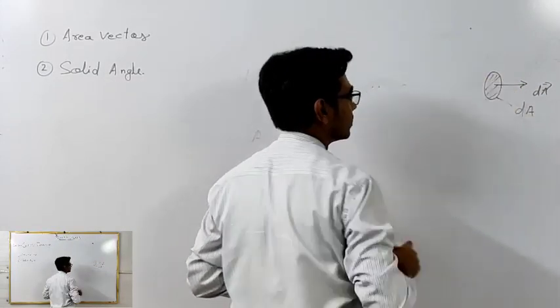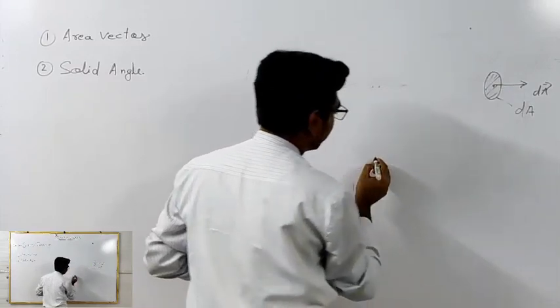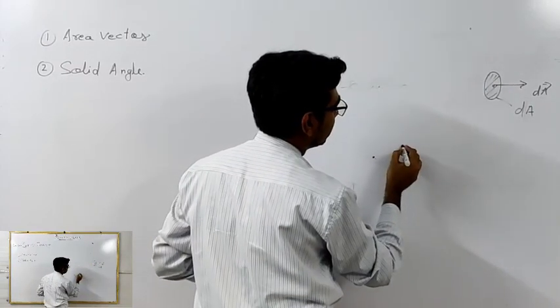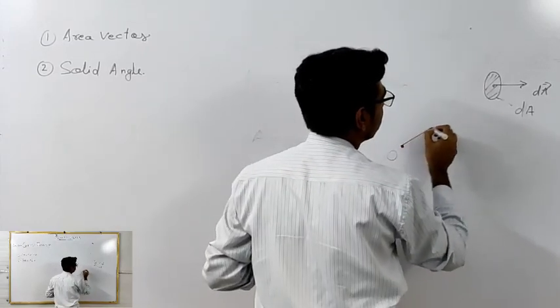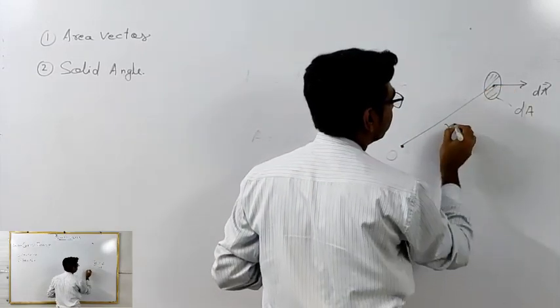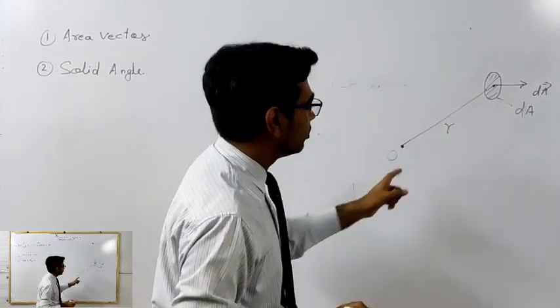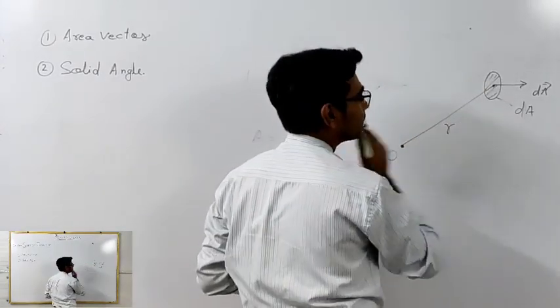There is a point O here, the origin. From here you locate this line, let this be R, the position vector of this area.